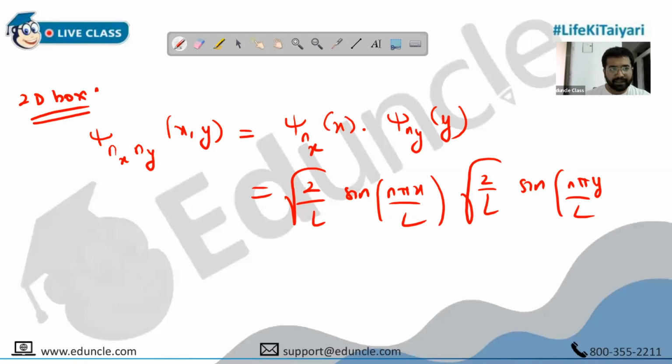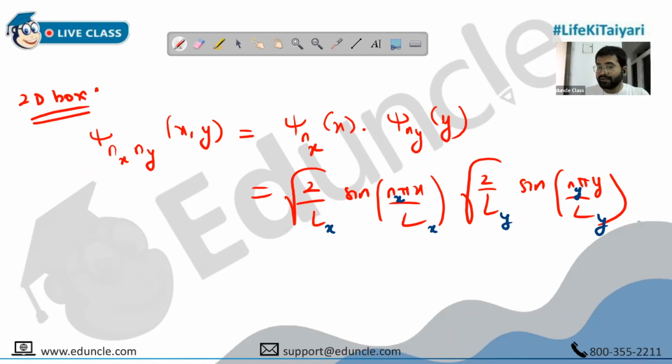But there are a couple of important things to note here. Here n is actually nx, and here n is actually ny. L is actually Lx and Ly. So this is a general formula.